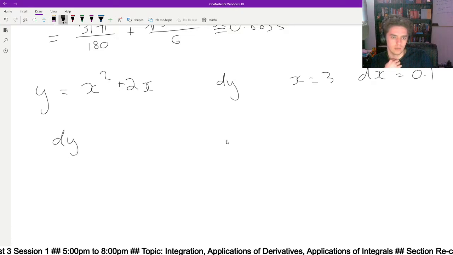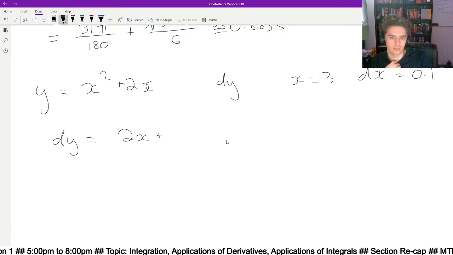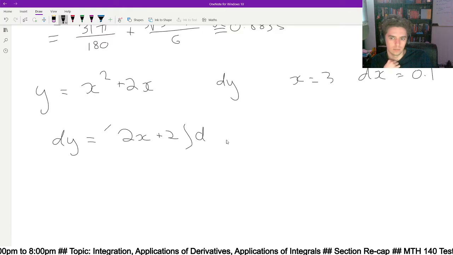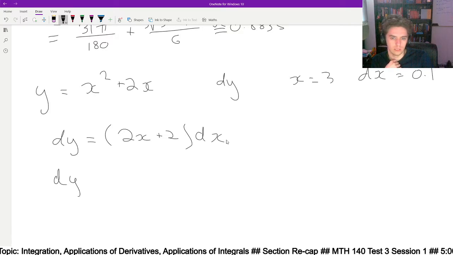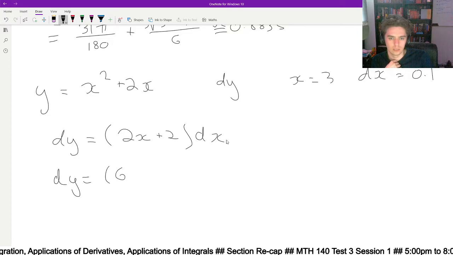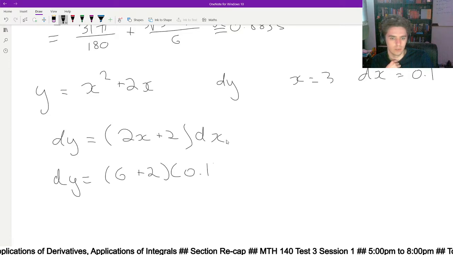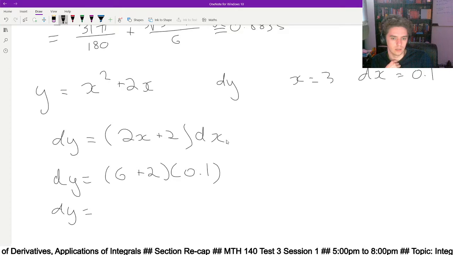So dy equals (2x plus 2) dx. So dy equals (6 plus 2) times 0.1. dy equals 0.8.